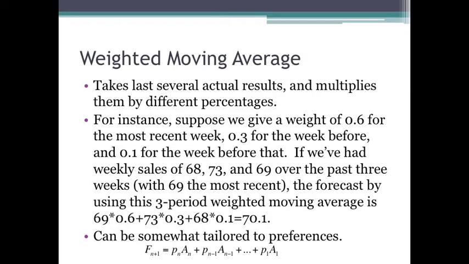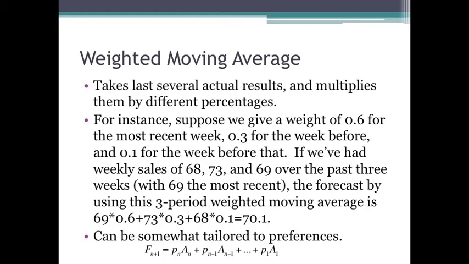Now, sometimes we want to tailor some things. We want to perhaps give more weight to more recent events. That said, we don't want to simply rely totally on the most recent case, as we see with naive forecasting, so we may want to tailor our forecast a little bit. And how we can do this is with what's known as the weighted moving average.